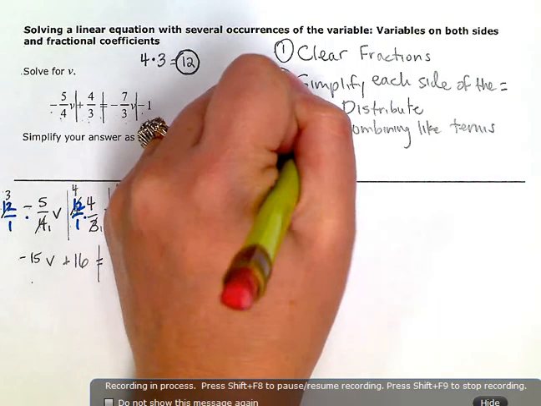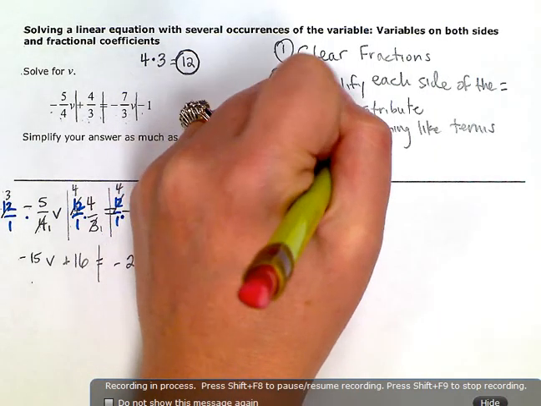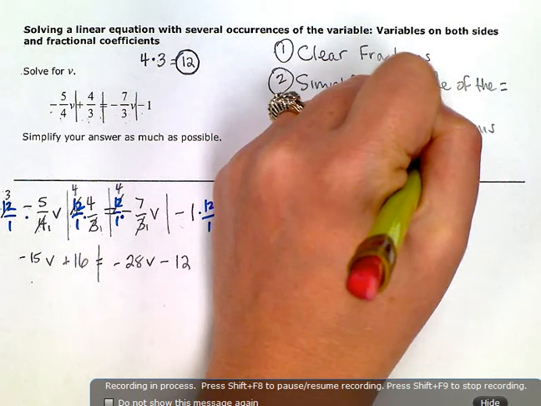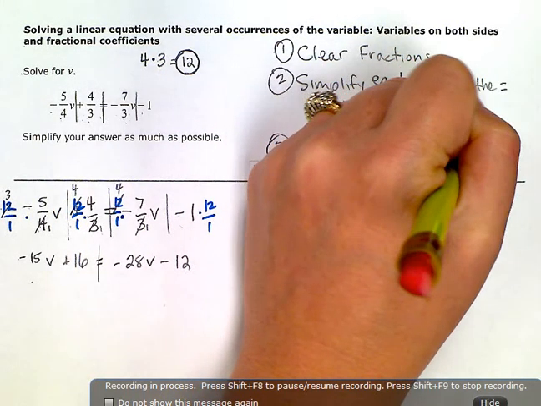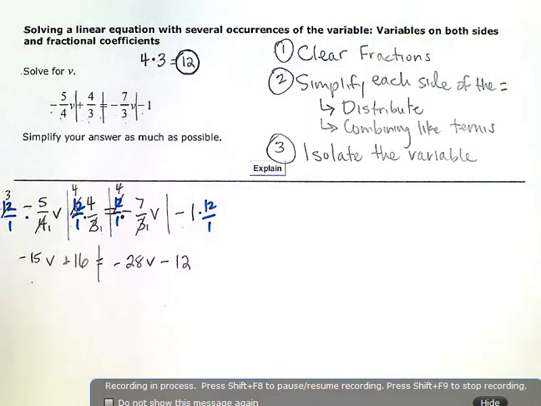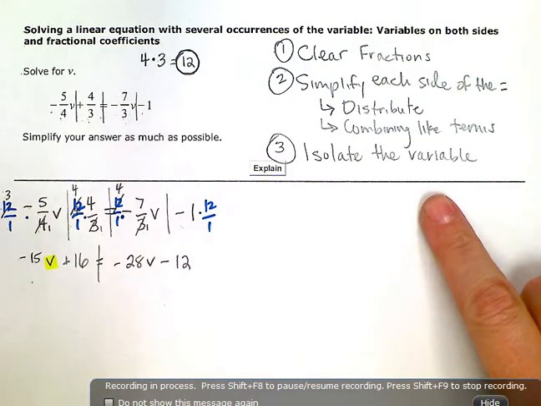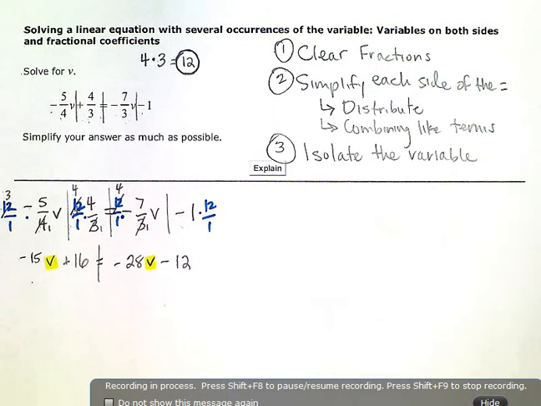Step 3 is isolate the variable, or get it by itself. Well, I have variables on both sides. I have a v term on the left, and I have a v term on the right. So I need to get those together, or I need to eliminate one of these two.